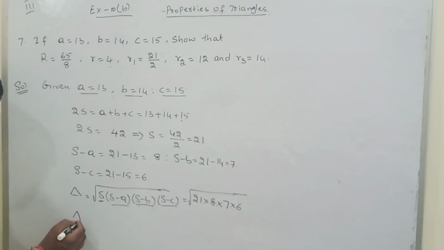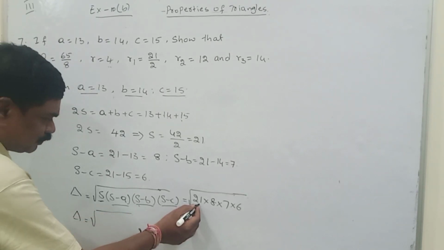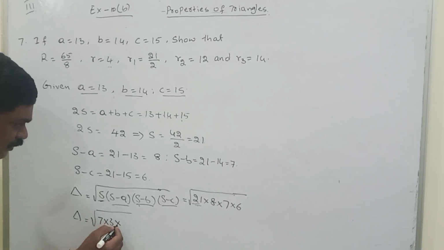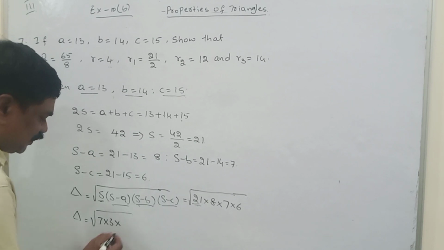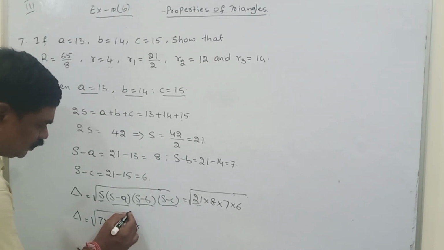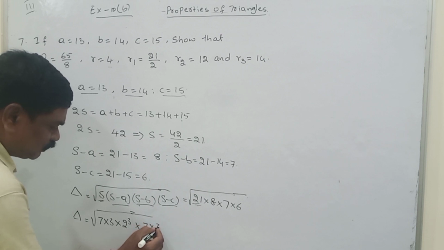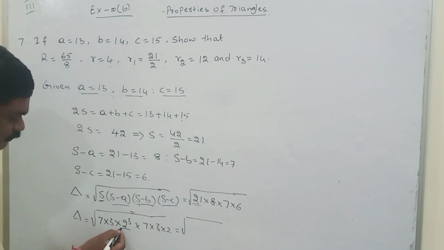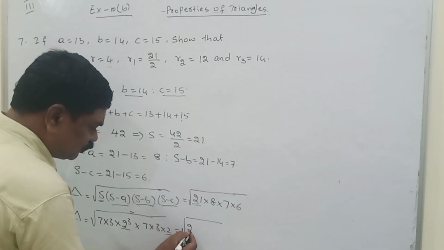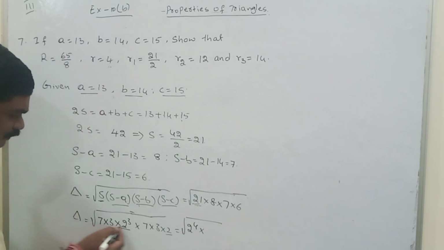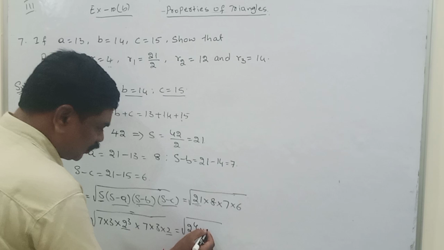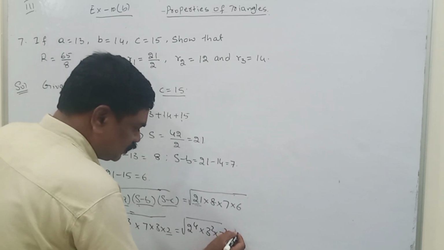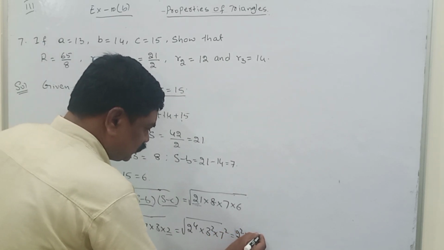Delta is equal to root over 21 can be written as 7 into 3, 8 can be written as 2 cube, into 7 into 3 into 2. So totally we have 2 power 4 into 3 square into 7 square. So square root of this one is 2 square into 3 into 7.